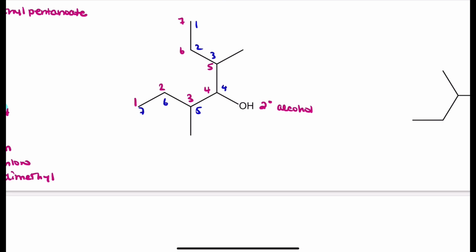That's what I thought. So it won't matter which way I count it. My other branch, my methyl group, will be 3 and 5 no matter what. So it doesn't matter which way I count it. It's a symmetrical compound. I've got 3, 5. So there is a comma right there. That's not showing up really well. 3,5-dimethyl.